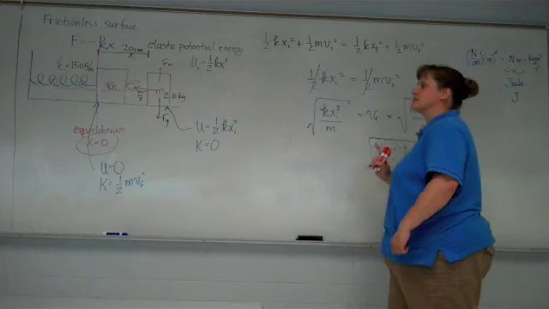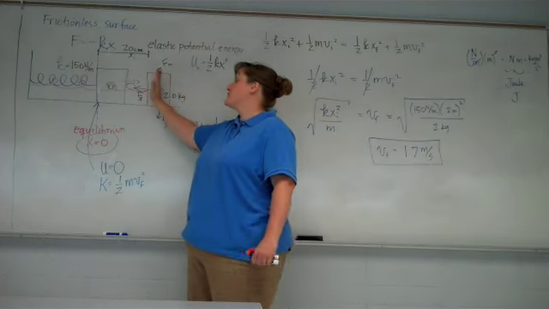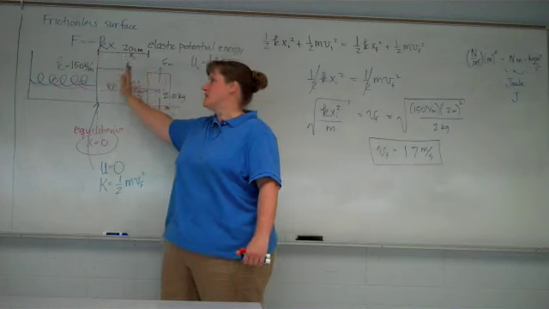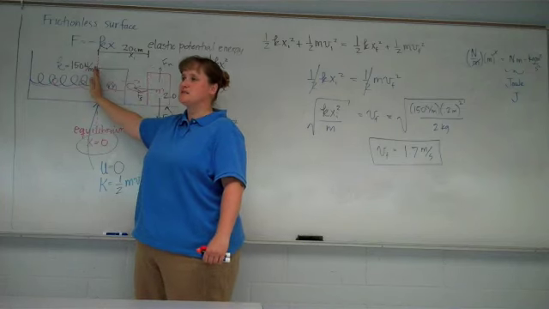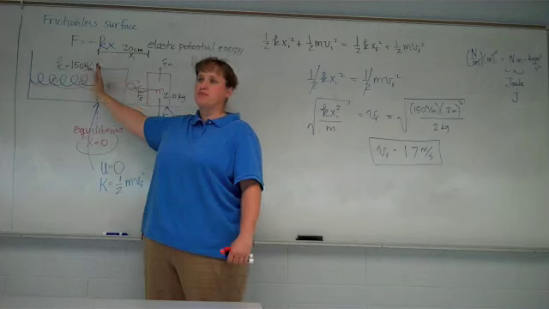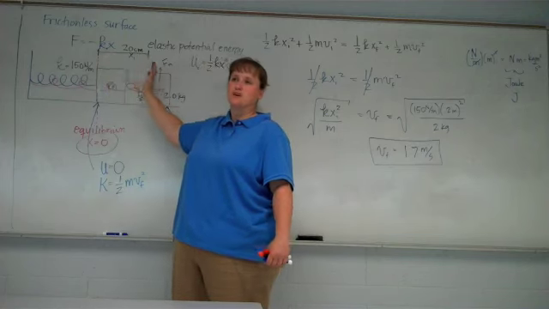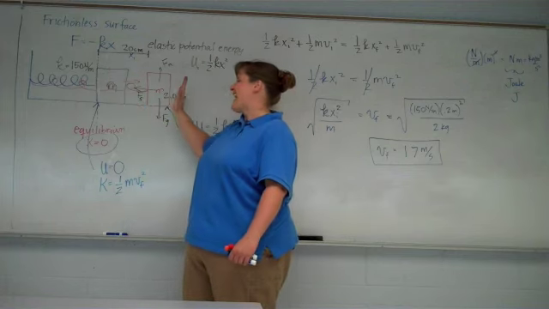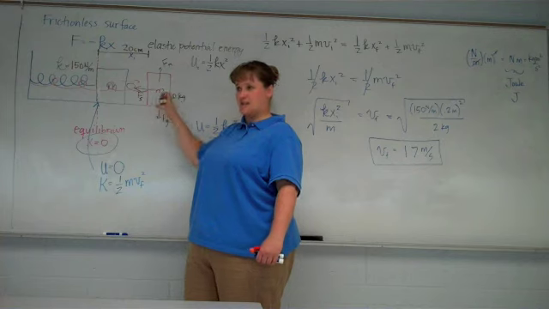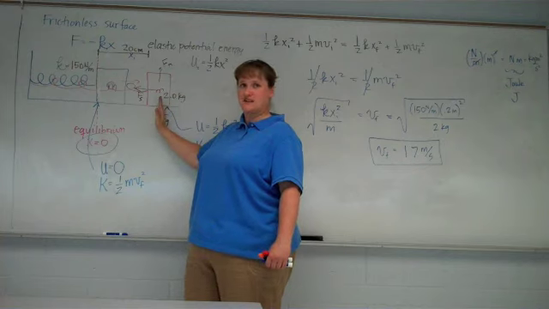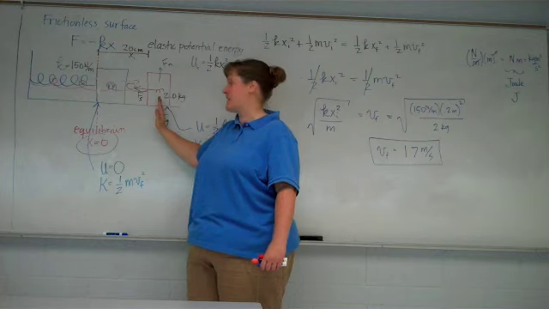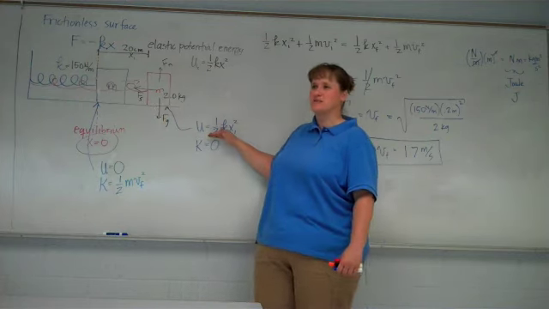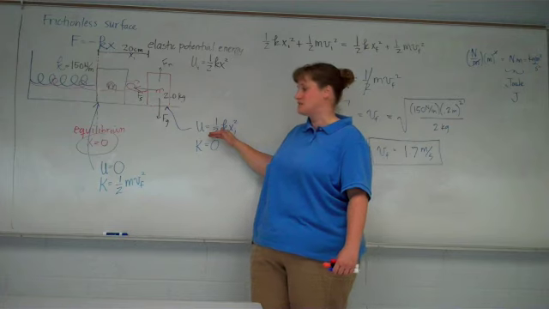Please keep in mind, between this initial spot and this final spot, the system will have both potential and kinetic energy. At the instant where it's at its maximum extension and not moving yet, it only has elastic potential energy because the spring is stretched.